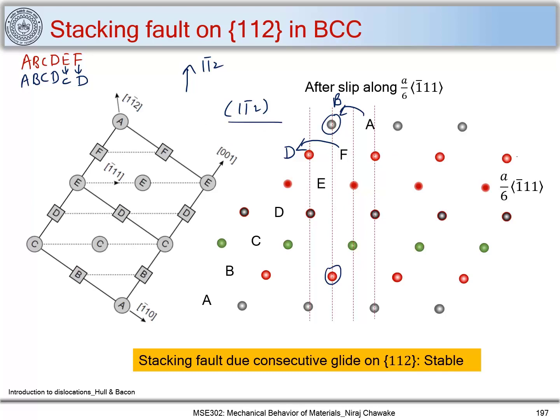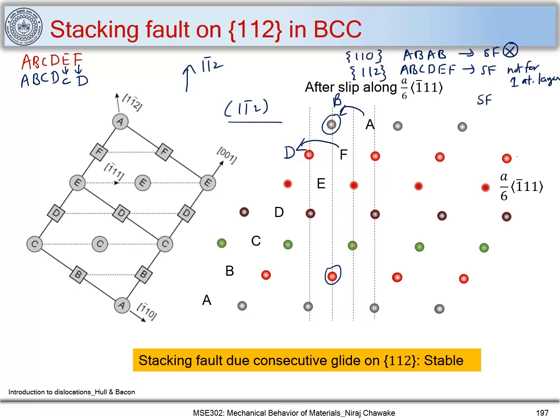So we had 110 type of planes, which has AB stacking, and stacking faults cannot be possible. Then you have 112 type of planes. We have stacking of A, B, C, D, E, F, and here stacking fault is possible, but not for one atomic layer.